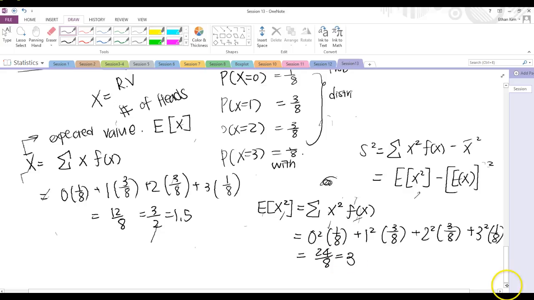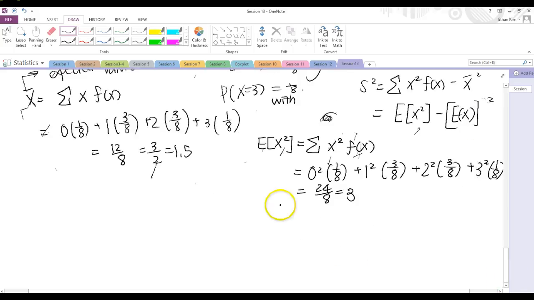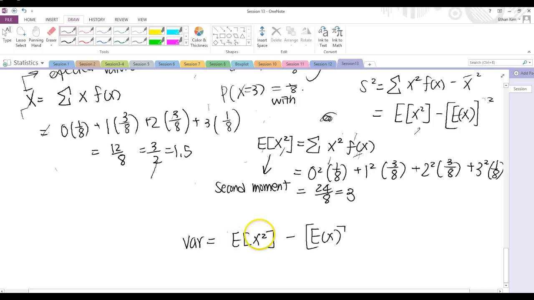And that's not it, because we have to do this part now. So we found expected value of x squared, which we call the second moment. And of course, expected value of x will be the first moment. To find the variance, we do second moment minus first moment squared.